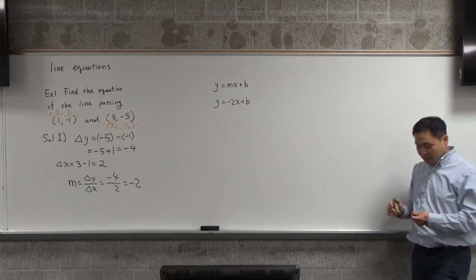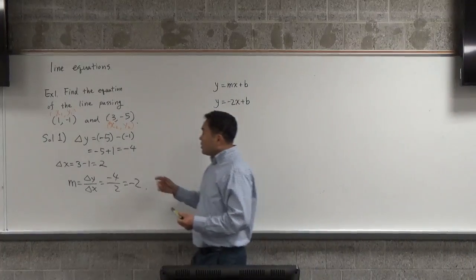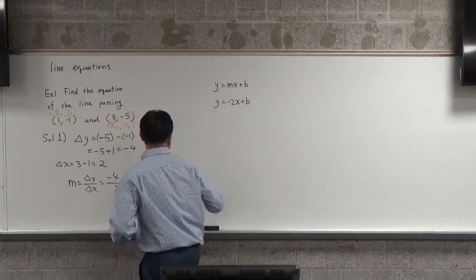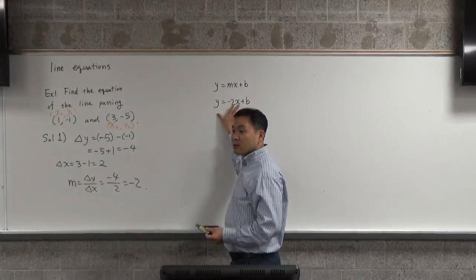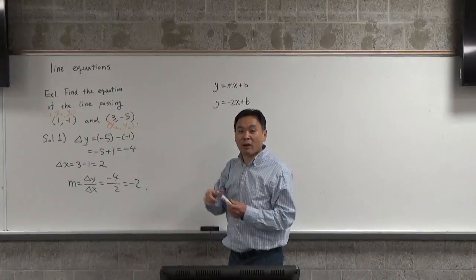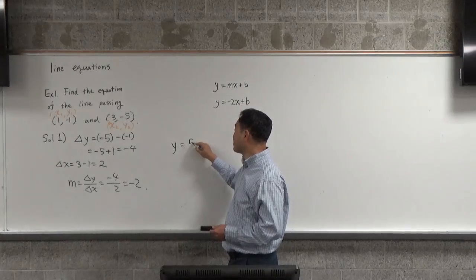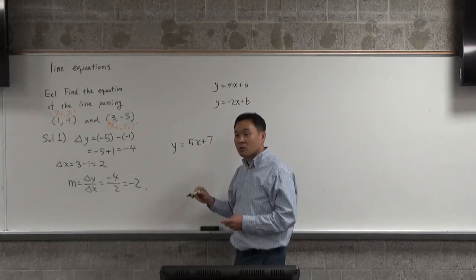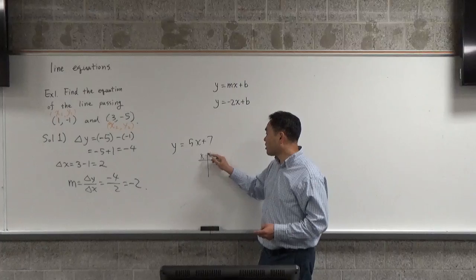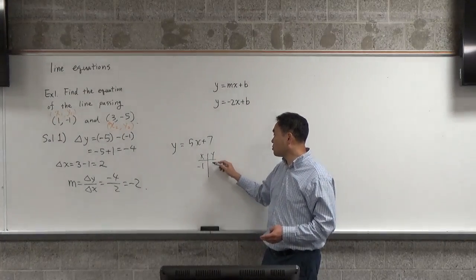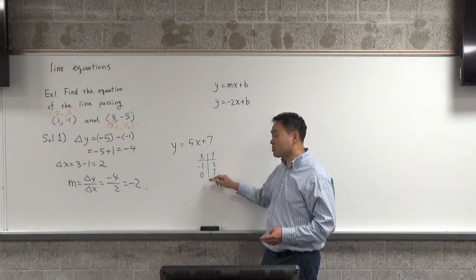And the idea is this. If you know that 1 comma -1 is on this graph, think about how we draw a graph when you're given an equation. So suppose you're given something like y equals 5x plus 7. How do you draw a graph? You make a table of x and y values where x is like -1, this will be 2, and then 0 will be 7, something like this, right?